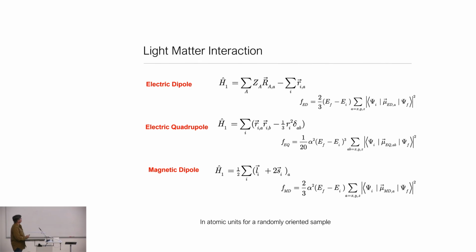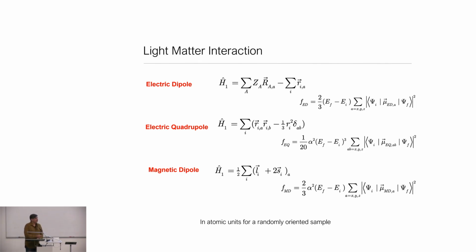And the electric quadrupole is then just simply the quadrupole moment, and it gives you an intensity expression that is proportional to alpha squared, and alpha is the fine structure constant, which in atomic units is 1/137, right? So alpha squared is on the order of 10⁻⁴. And at the same time, you have the third power of the transition energy, whereas the electric dipole is the first power of the transition energy.